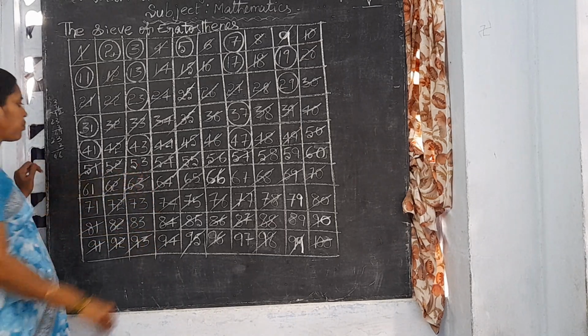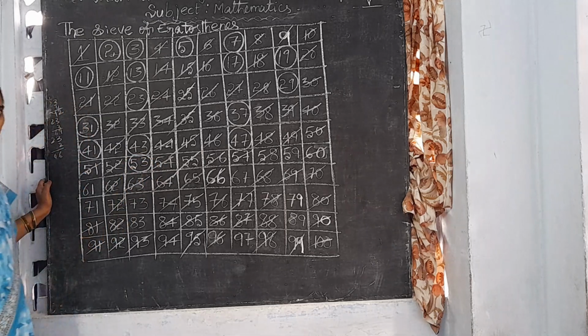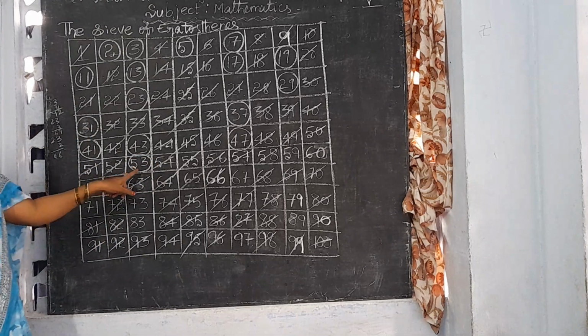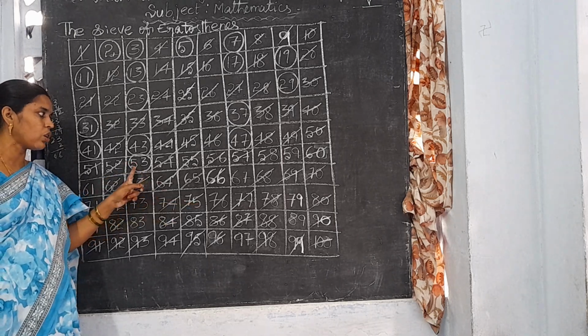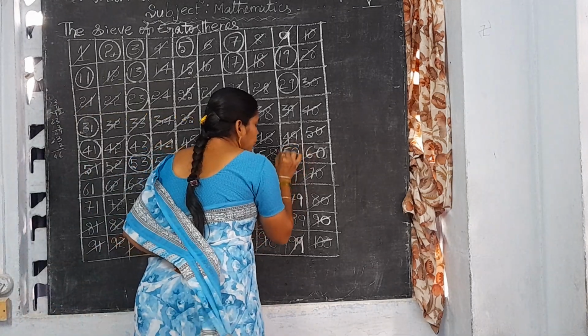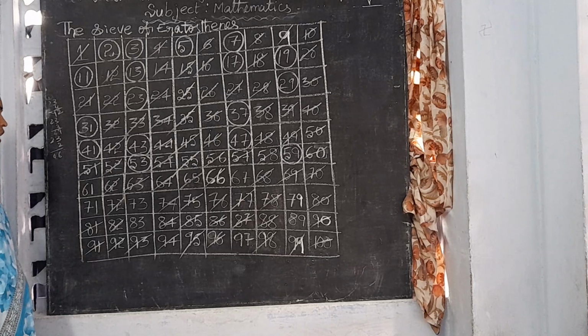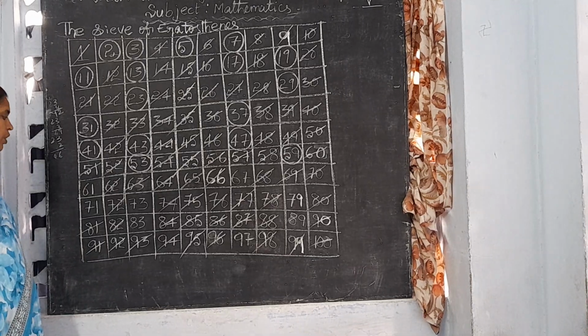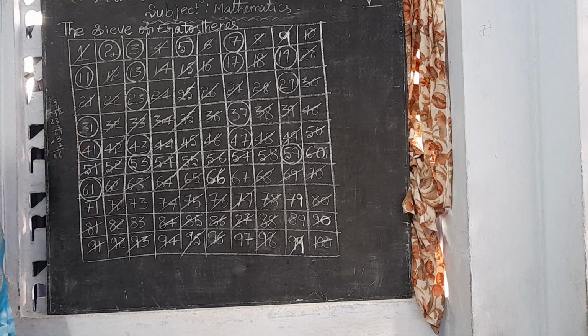Remaining, 53. It has only 2 factors, 1 and 53. Okay. So if you are multiplying by 2, it will come more than 100. So no need to check it. So remaining, 59. 59 is also a prime number. It has only 2 factors, 1 and the number itself. Same way 61 is a prime number. It has only two factors, that is 1 and the number itself.